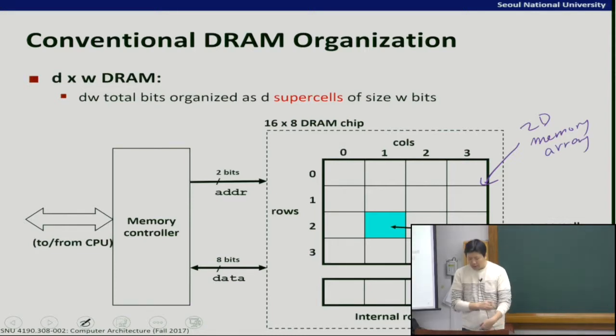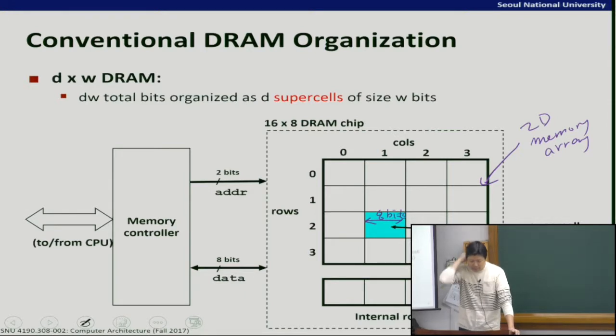Let's say it consists of multiple what are called supercells, and each supercell has 8 bits in it. In this specific example, we call it a D times W DRAM.